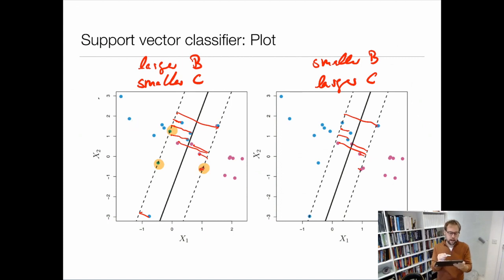But now all those points which violate the margin also start influencing. If I move those points further, I'm also moving the classifier with me. So now all those orange points here will be support vectors, not just the 3 which touch the margin, but also all the ones which violate the margin. So on the left hand side I have some more support vectors than on the right hand side. There's one more.